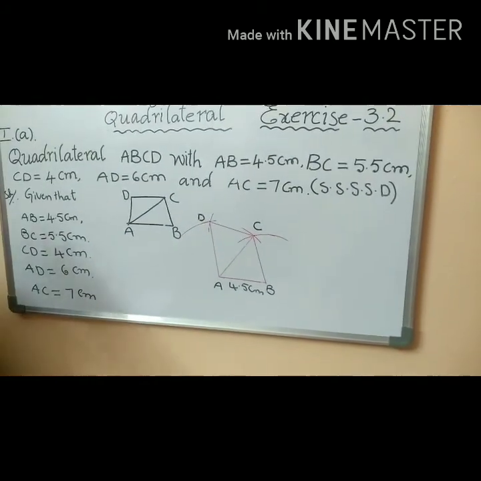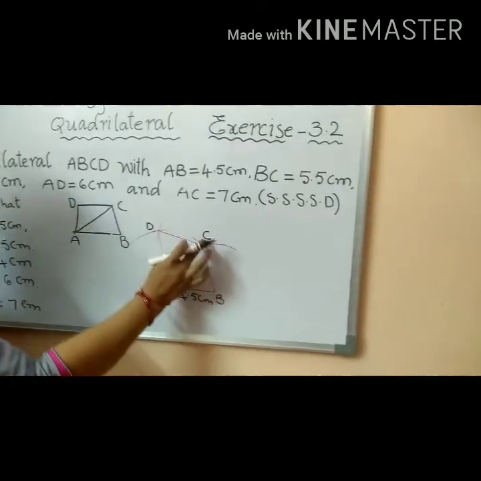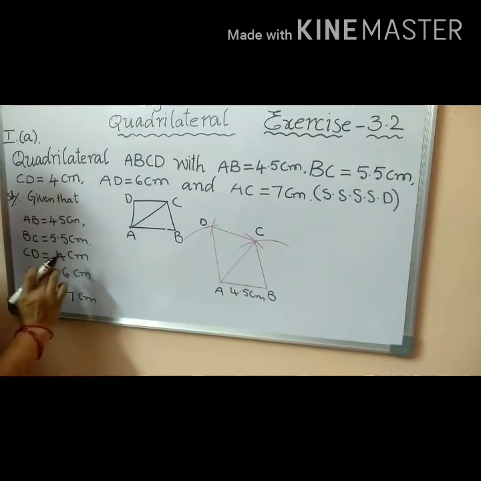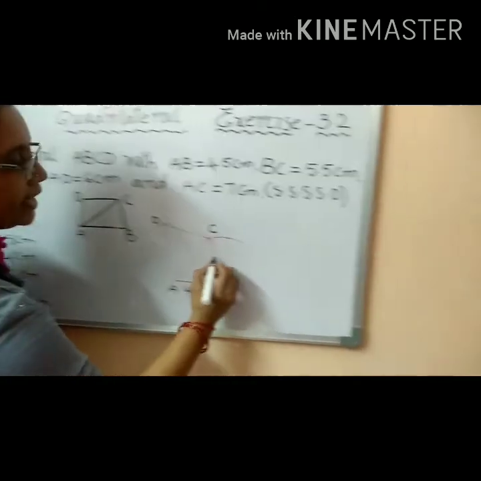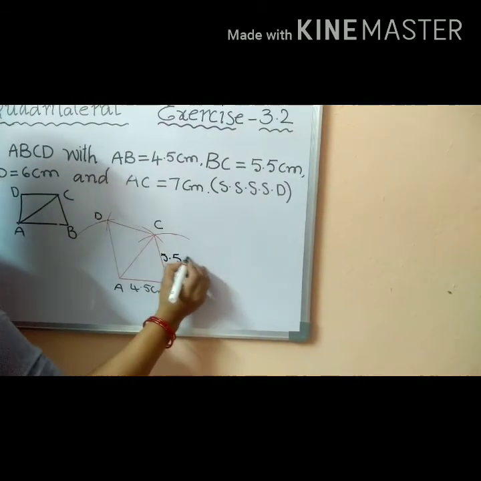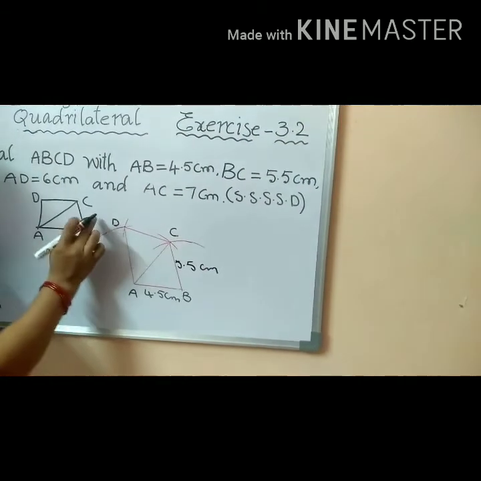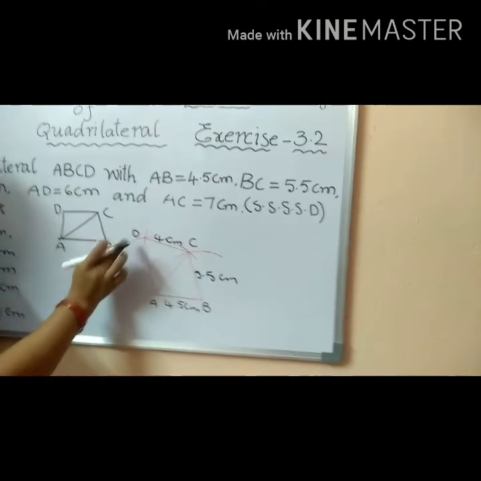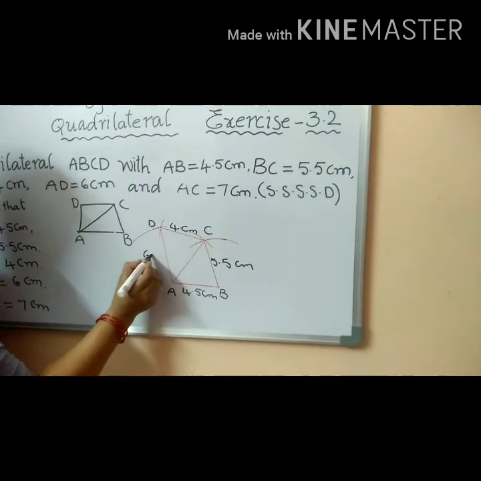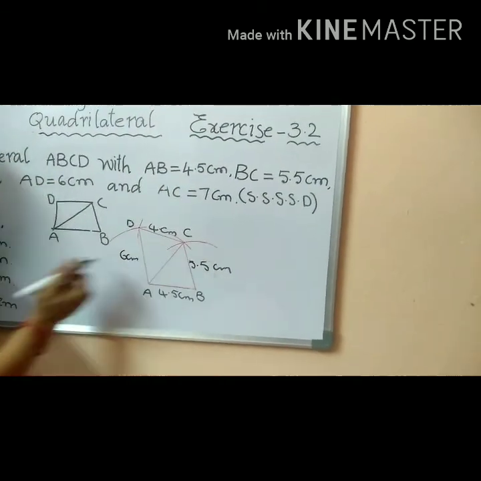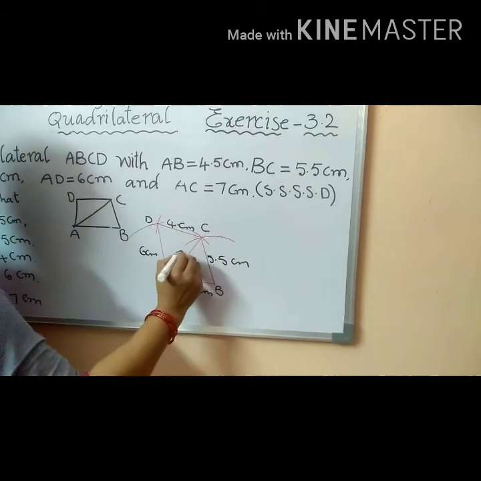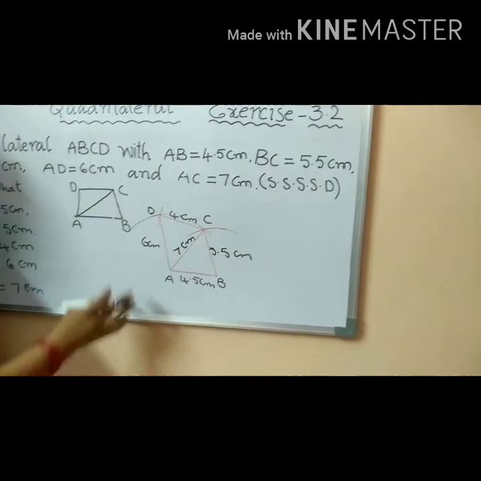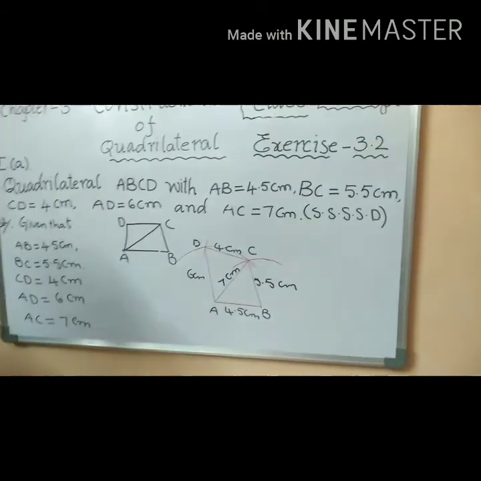Now write the measurements: BC equal to 5.5 centimeters, CD equal to 4 centimeters and AD equal to 6 centimeters, and the diagonal AC equal to 7 centimeters. This forms the quadrilateral ABCD.